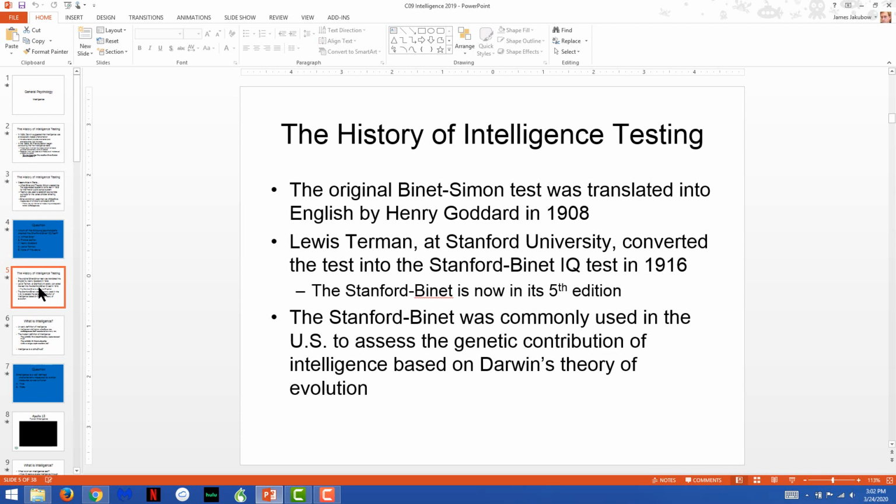So certainly there would be very few questions about computer systems on a version of the Stanford-Binet from the 1950s, but there very well may be questions about social media on IQ tests today.